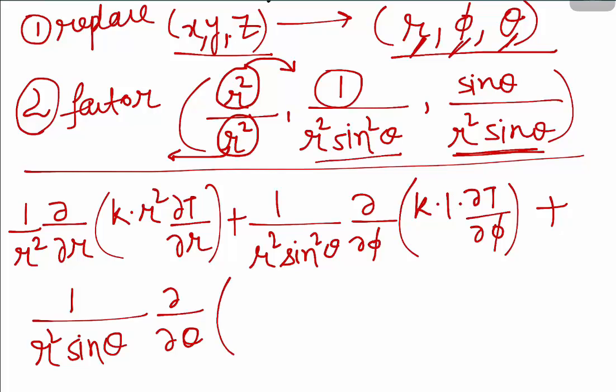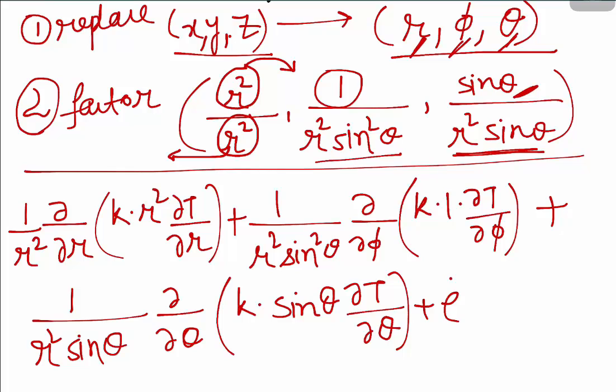Inside the bracket k into what is in the numerator, sin theta into dou t by dou theta plus E generation is equal to rho c dou t by dou t.